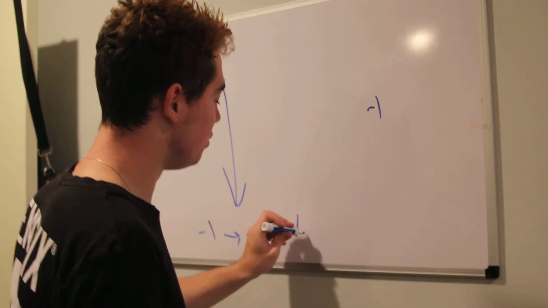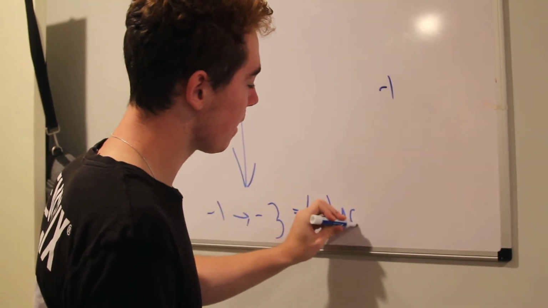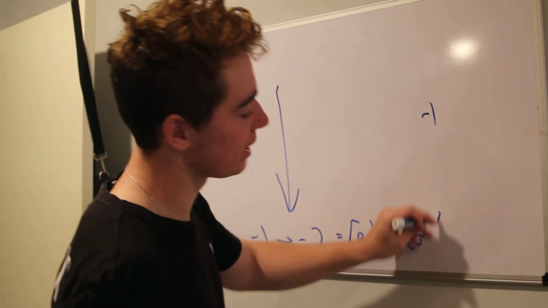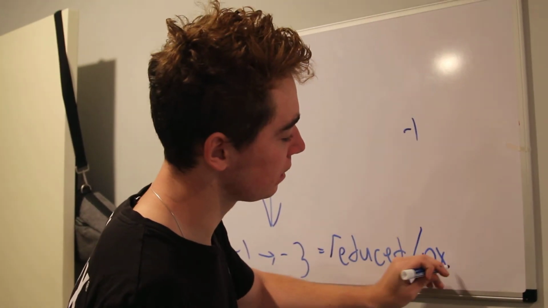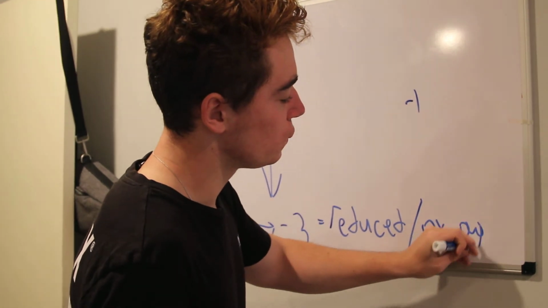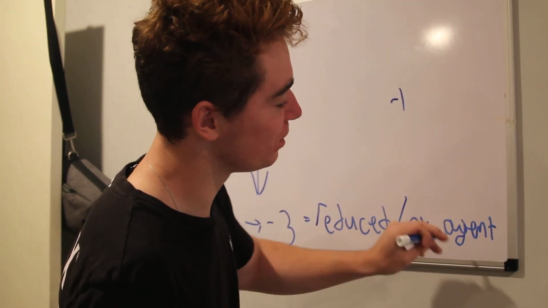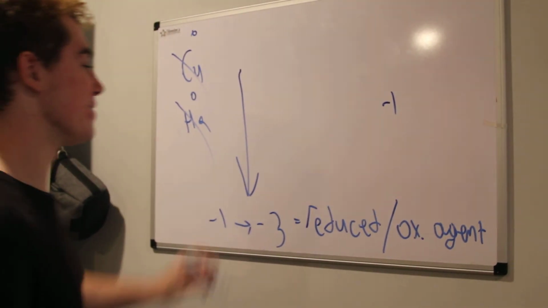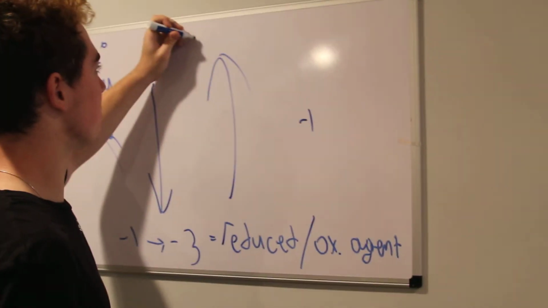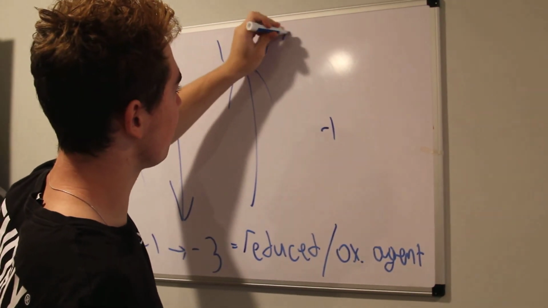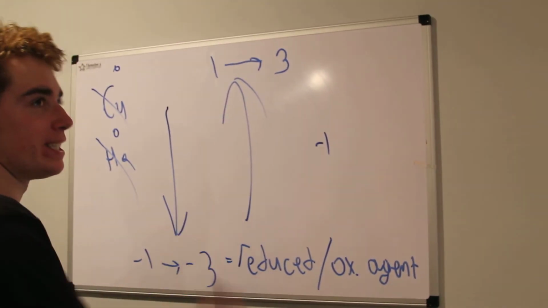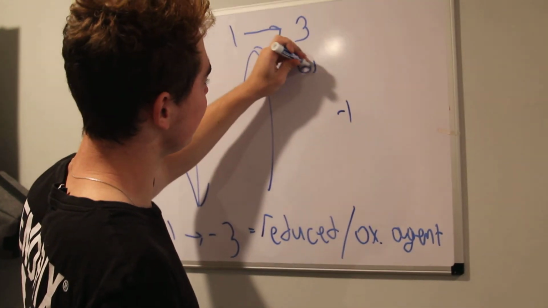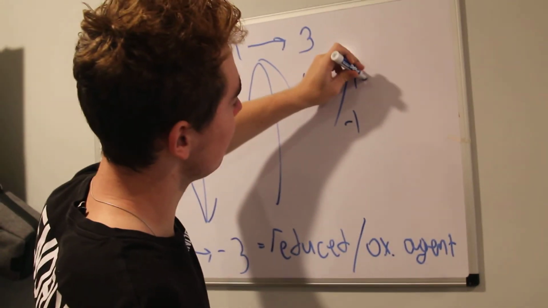So it's reduced, and it's an oxidizing agent. How did teachers do this, man? Now, if it goes up, from 1 to 3, it's oxidized, and it's a reducing agent.